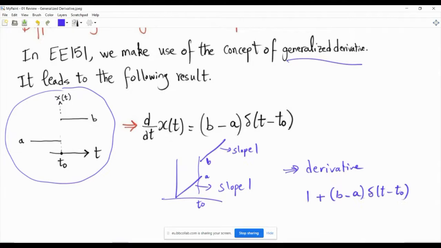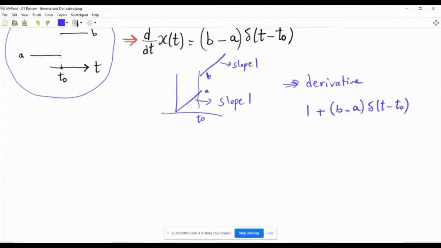And in Fourier analysis, this is very important. If you do not consider this Dirac delta while applying the differentiation rules of Fourier analysis, you will get wrong results, because those theorems assume that you are using the concept of a generalized derivative. So this is very important.